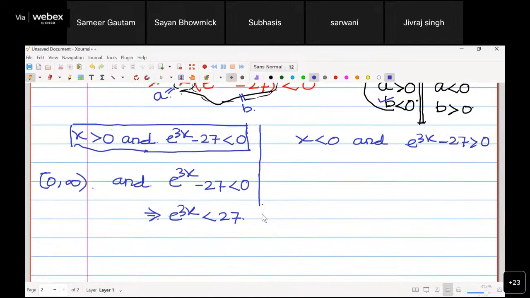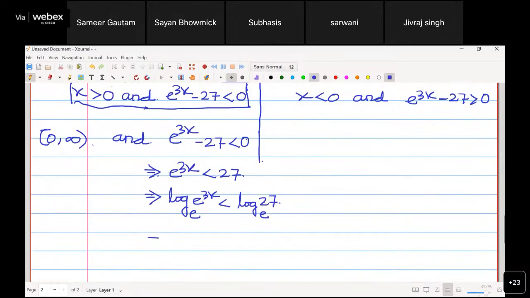Then if I take log base e, it's basically log e of 27. And this 3x, it's basically 3 times x.